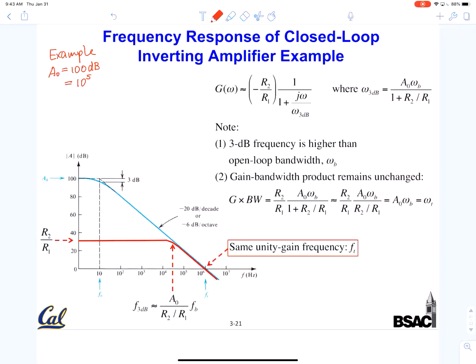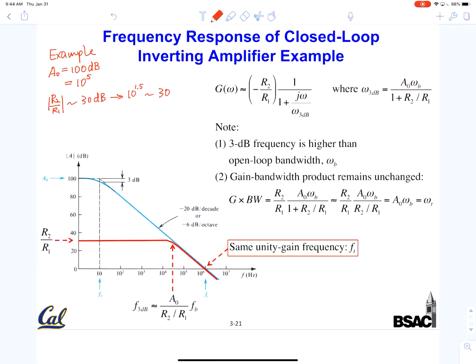And in this case, the gain of the inverting amplifier, R2 over R1, is roughly about 30 dB, not exact, but roughly about 30 dB. 30 dB in linear scale is 10 to the 1.5 times, so this is about 30 also.